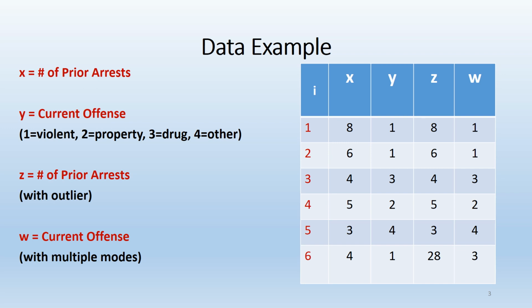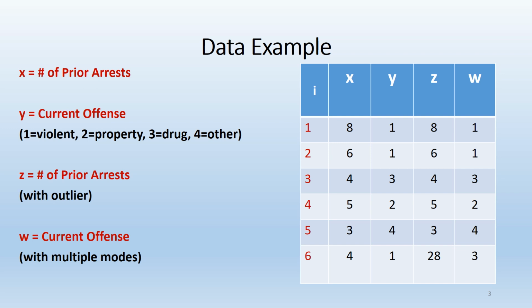If you look at variable z, case number 6 has a value of 28. They are nowhere near the rest of the other values. They are clearly an outlier. We'll talk about the impact that outliers can have on your measures of central tendency in just a moment.